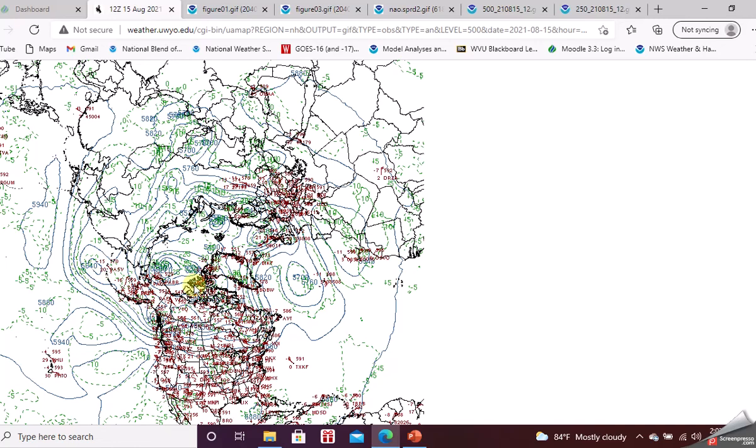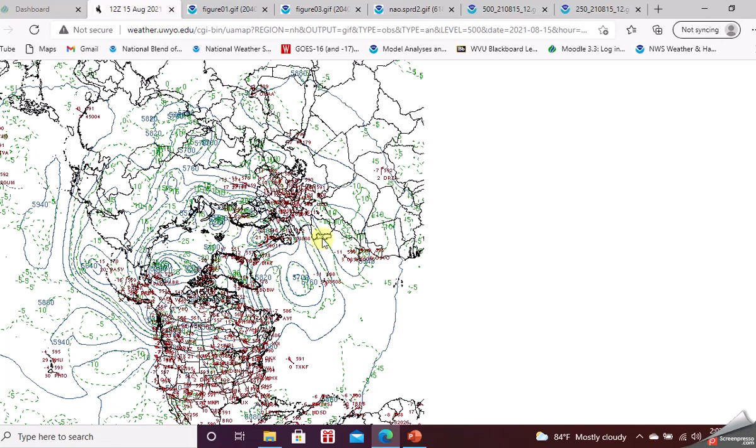Now, if I were to look in detail across the U.S., well, I might see a little wave here. There's another little wave here. Oh, there's another little wave here. And in Europe, there's 1, 2, maybe even 3 different short waves.